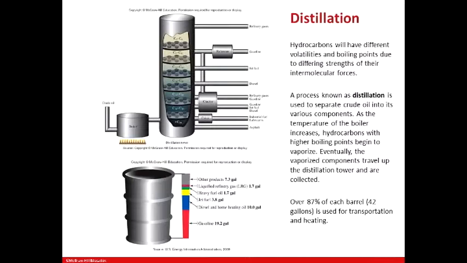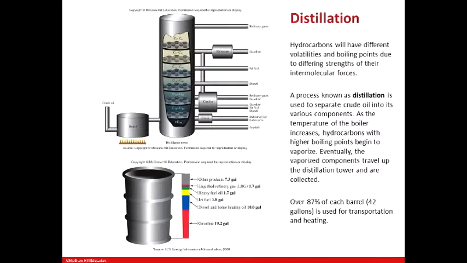A process known as distillation is used to separate the crude oil into various components: the light ones and the heavier ones, the long carbon chain and the shorter carbon chain, the less volatile and the more volatile, the low vapor pressure and the high vapor pressure. As the temperature of the boiler increases, hydrocarbons with higher boiling points begin to vaporize. Eventually, the vaporized components travel up the distillation tower and are collected.